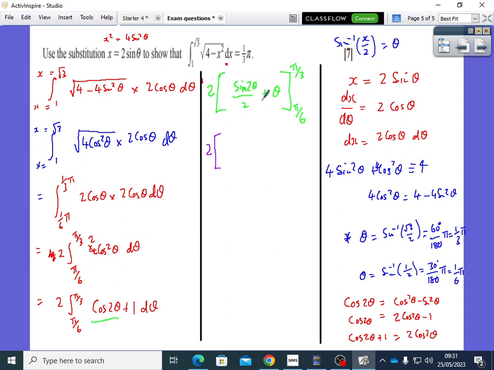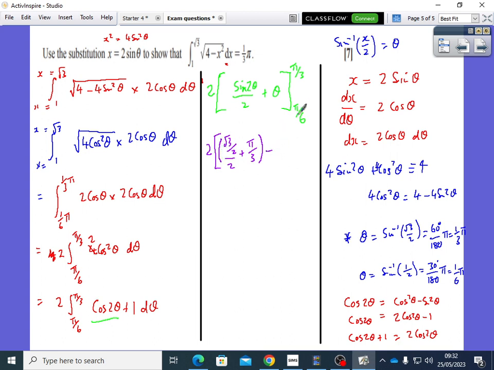You can put it as radians, but if you think about degrees, this is the same as 60, and if you double 60 you get 120, and sine of 120 is root 3 over 2. So that's root 3 over 2 divided by 2 plus pi over 3. So I'm going to put brackets around here.